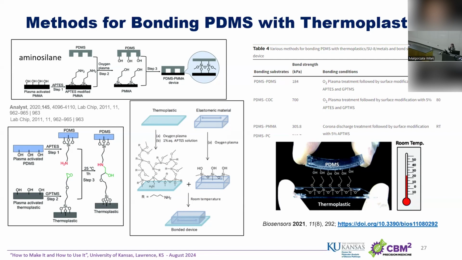You really don't need to stick to PDMS. But if you do, there are ways to bond and form hybrid material devices with PDMS and thermoplastics. And here I listed quite a few examples of how this can be done. But believe me, you're not stuck with PDMS, even when you're doing cell cultures.